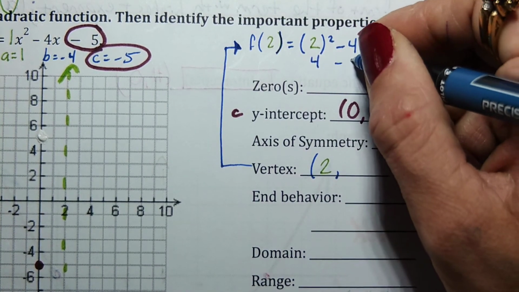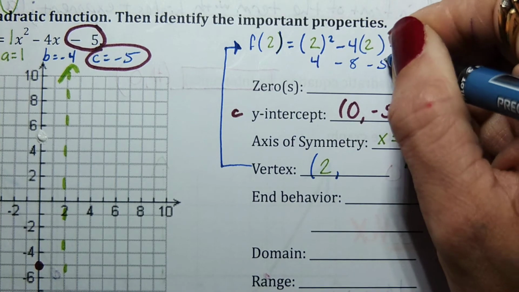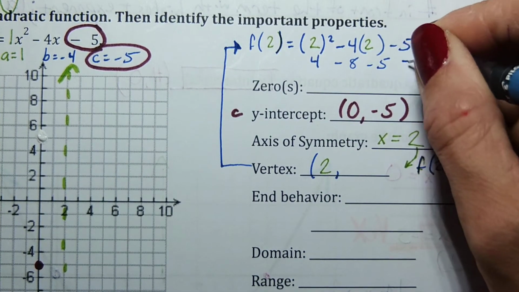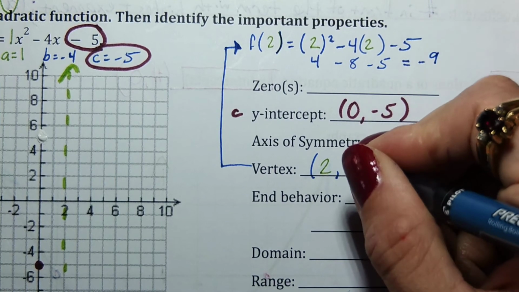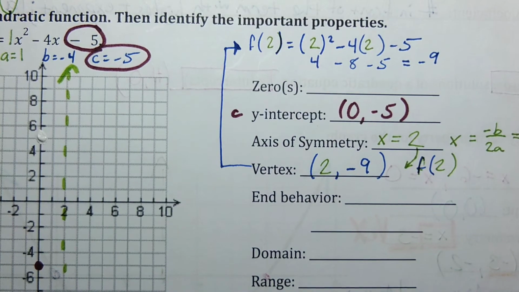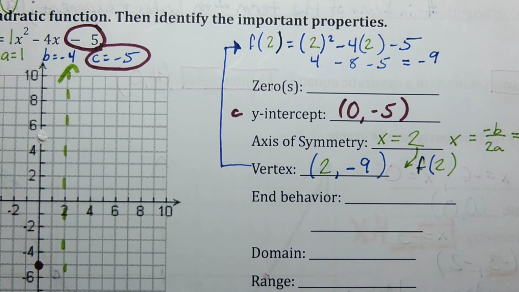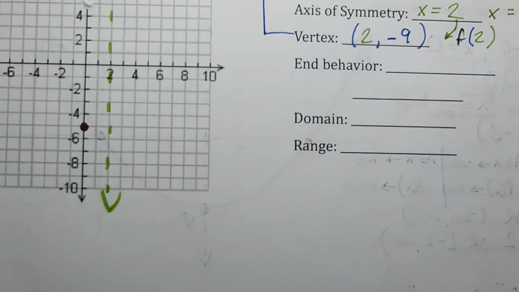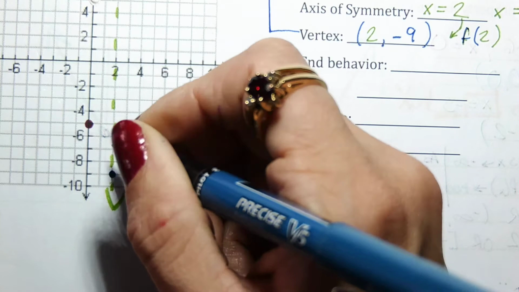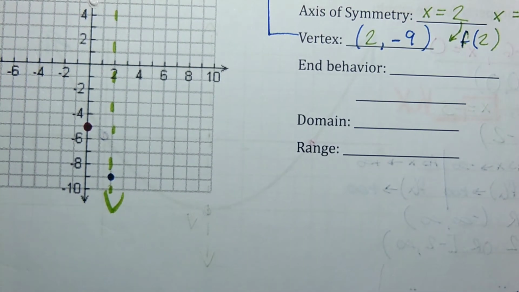Negative 4 times 2 is negative 8. And minus 5, that gives me negative 13 plus 4, or negative 9. And that's how we find the y part of the vertex. Woohoo! And now we can plot that point exactly. So forward 2, down 9. There's the vertex.